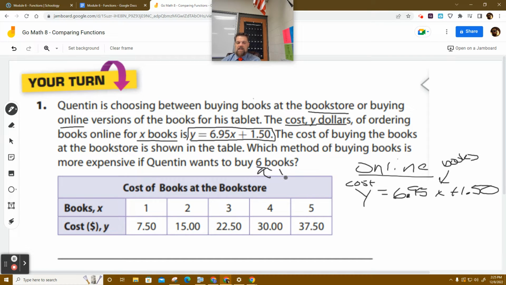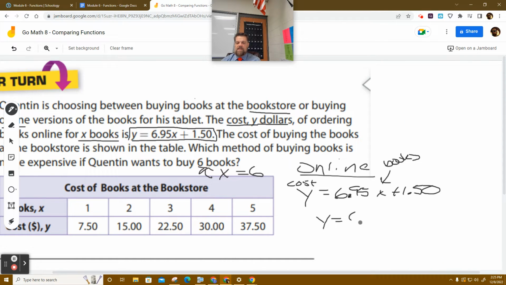So one way I can think of that, if x represents the number of books, then we're going to let x equal 6. So I have an equation here. Let's figure out real quick how much it costs to buy the books online. So I'm going to say $6.95 times the number of books, which is 6, plus $1.50. That's easy to do.